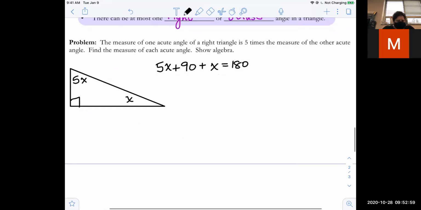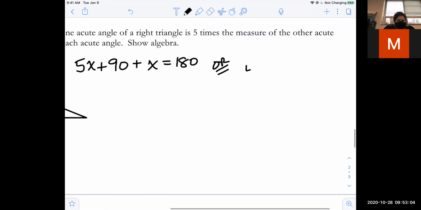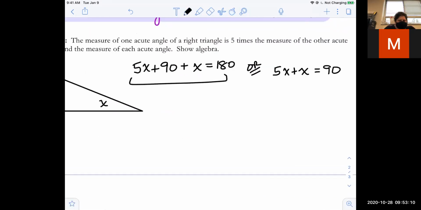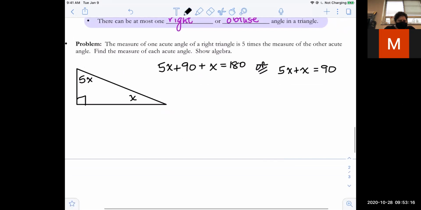That's one option. Or you can say when you add 5x and x, it's going to equal 90. This is using the corollary, while the other uses the triangle angle sum theorem. So it's a little shorter, but either way will work, right? We know that these two have to be complementary.